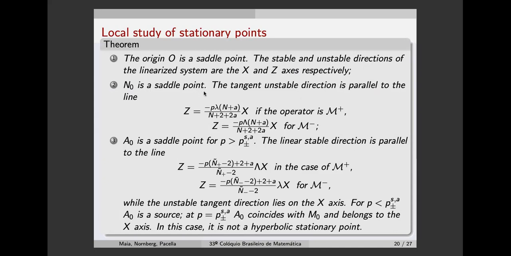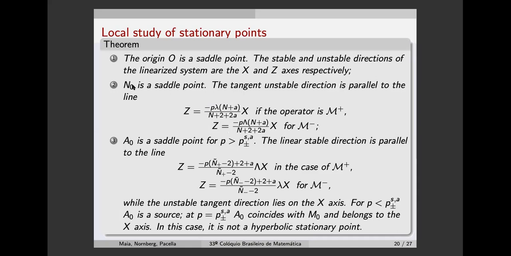N0 is a saddle point. The tangent unstable direction is parallel to this line, z equals minus a constant times x. So orbits exiting N0 are going to be tangent to this line, which has a negative slope for M plus, and this line for M minus.